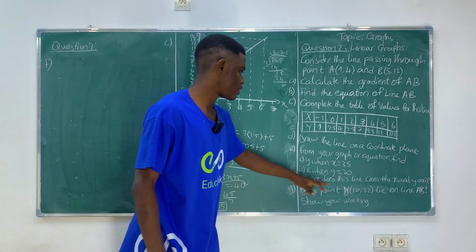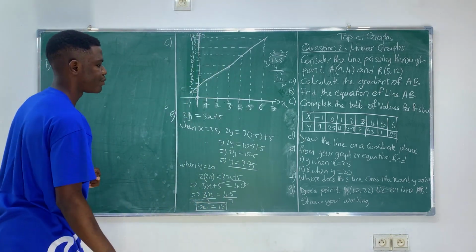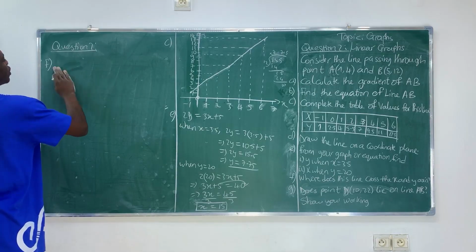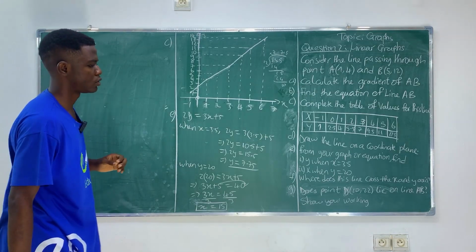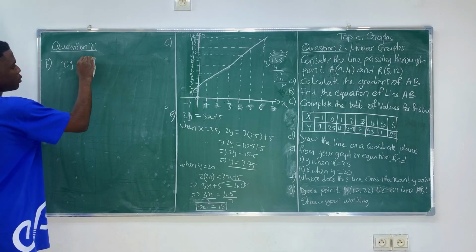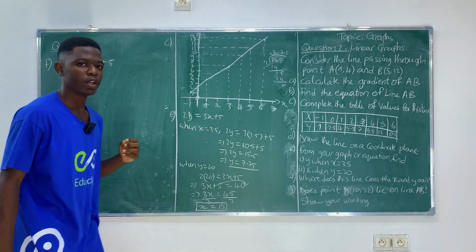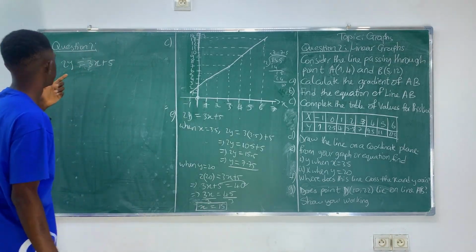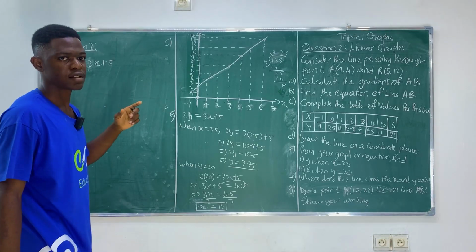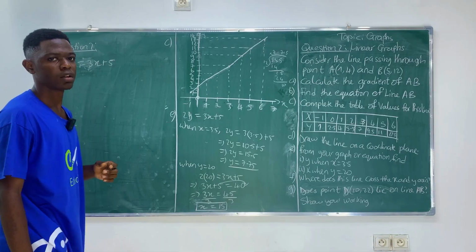Our equation is 2y plus 3 is equal to 3x plus 5. That is our equation. To know where the line touches the x-axis, put y as 0 and make x the subject of your formula.